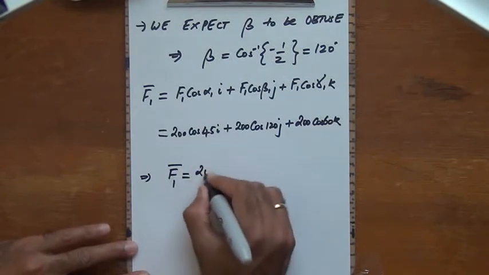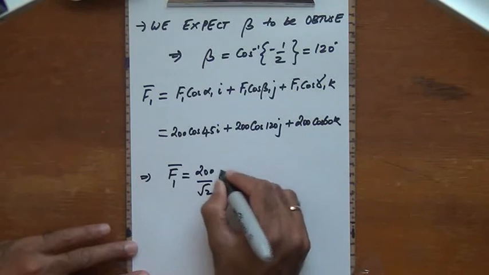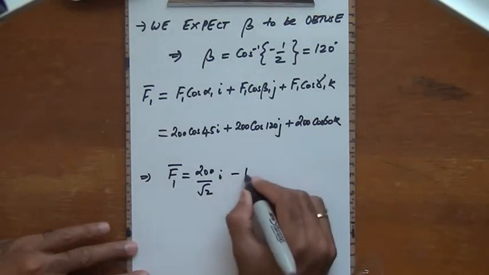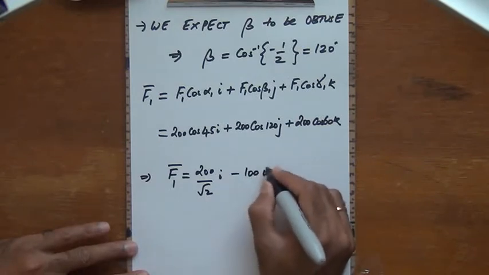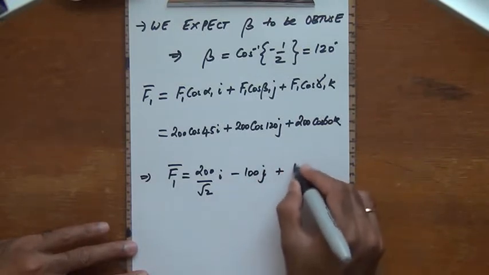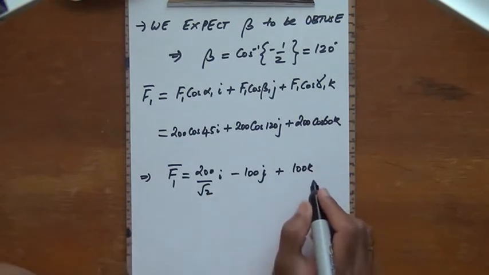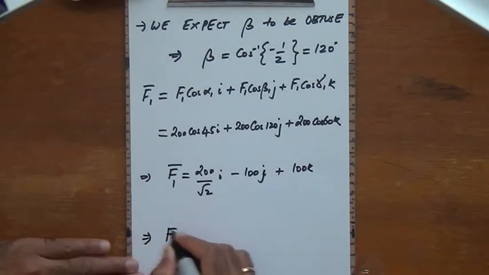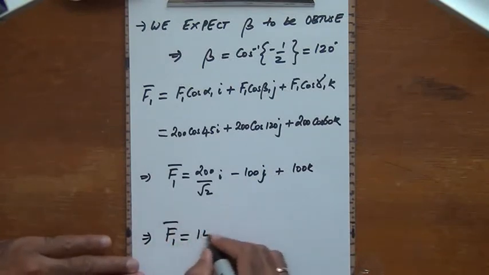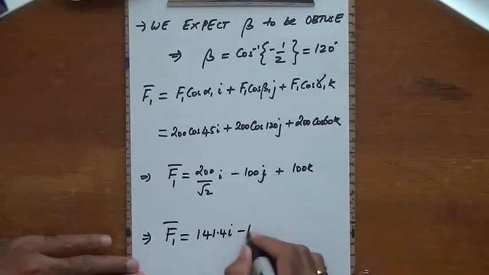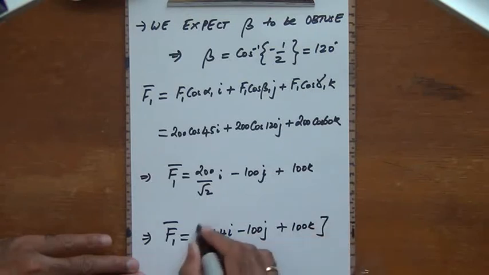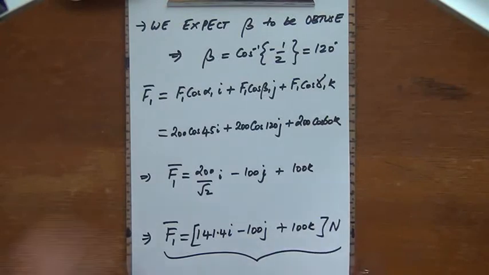So this is 200 by root 2 in the i direction. 200 cosine 120 is a minus half, so that's going to be minus 100j, I'm sorry, and then this is going to be plus 100k. 200 by root 2 is approximately 141.4, or the final answer for the force vector F1 is 141.4i minus 100j and then plus 100k. Do not forget the units, newtons. Alright, so we are done with the force vector F1.